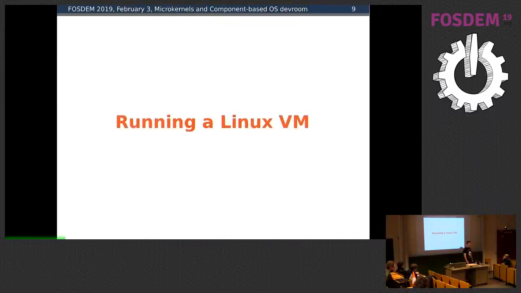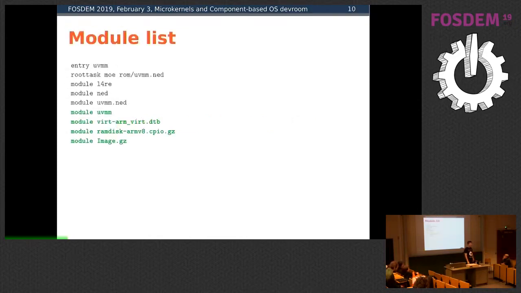Now we will make a little bit of a jump to something which is much more complex, such as running a Linux VM on top of L4Re. So this time in our modules list, we will take the hello binary away and we will add some new binaries.